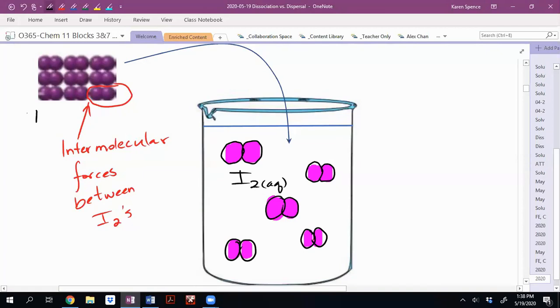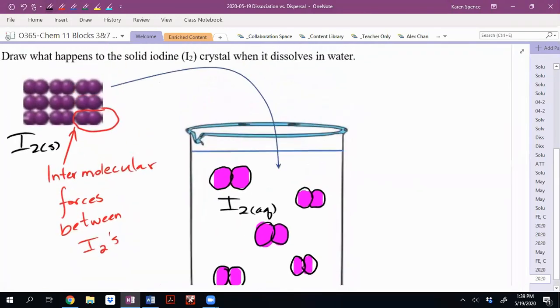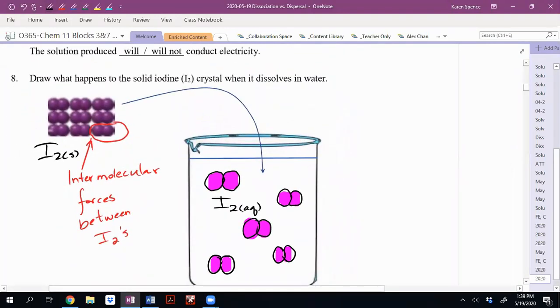We went from having I2, which is solid, to having I2, which is aqueous. And this process was known as dispersion. And the equation for dispersion is really, really silly. It's crazily simple.